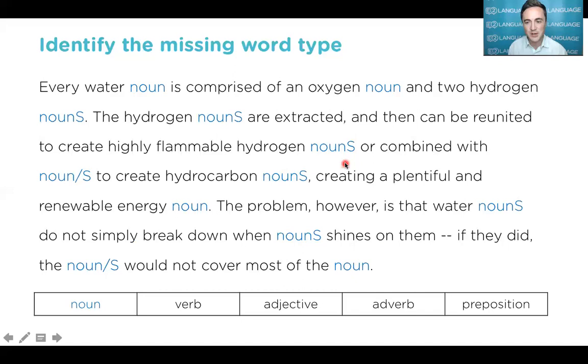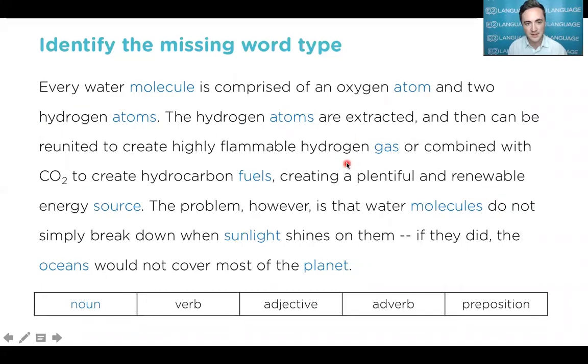Seems to be a huge problem in English. So here we got molecule, singular, atoms, plural. So we've got an oxygen atom and two hydrogen atoms. Singular, an atom, one. Hydrogen atoms, more than one.